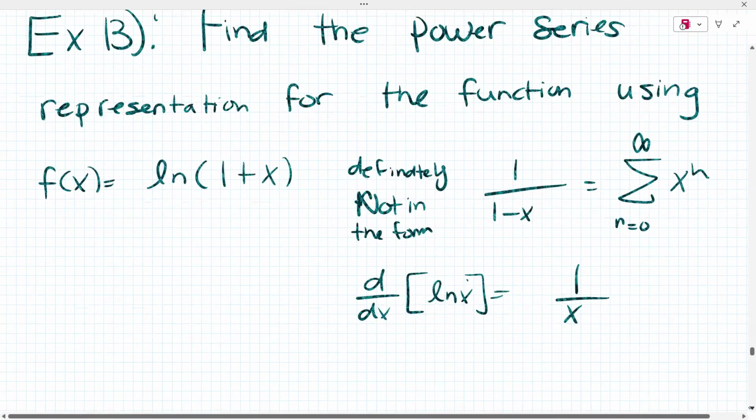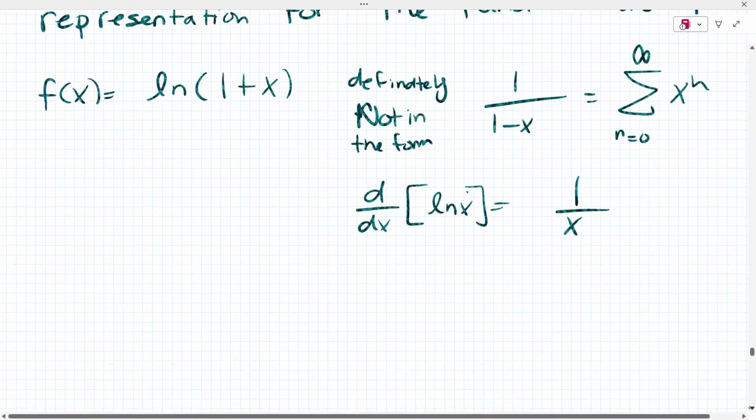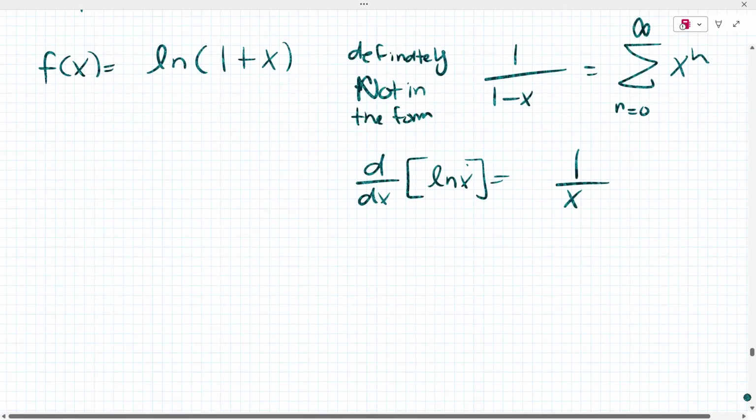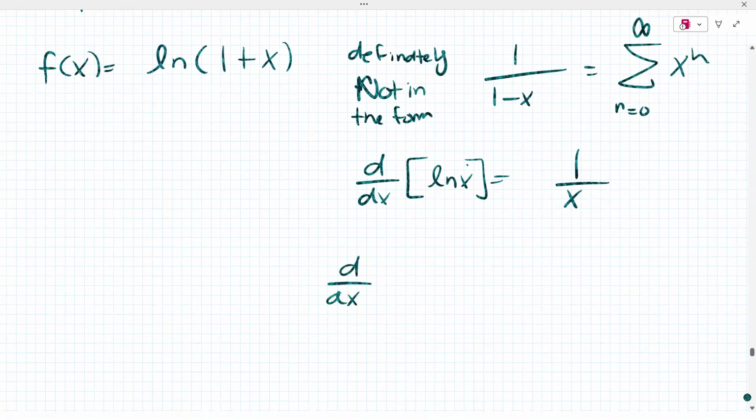So what is the derivative of 1 plus x? ln of 1 plus x is what we have. It's pretty simple. It's just 1 over the parentheses times the derivative of the parentheses. So the derivative of 1 is 0, the derivative of x is 1.